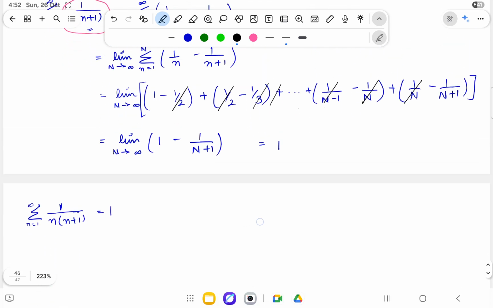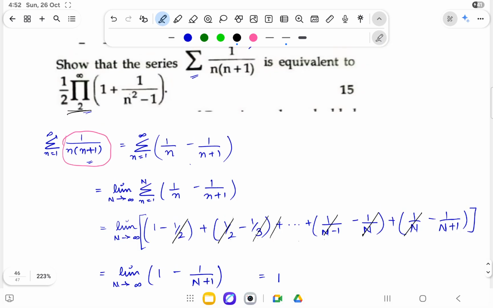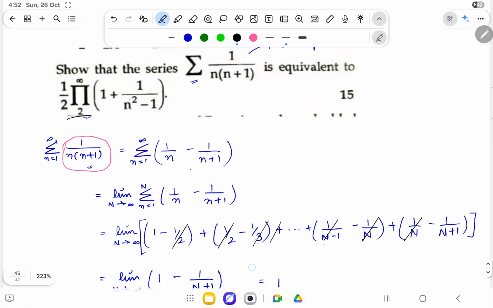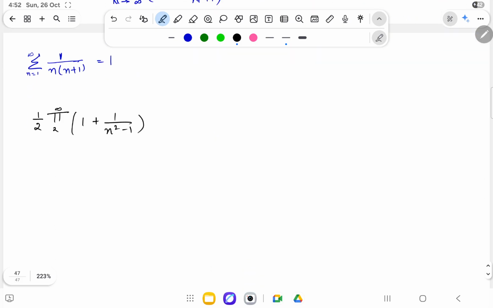So let's see how we can show the second series is also equal to 1. The second series is 1 by 2 times product from 2 to infinity of 1 plus 1 by n square minus 1. Yeah, that's the second series.